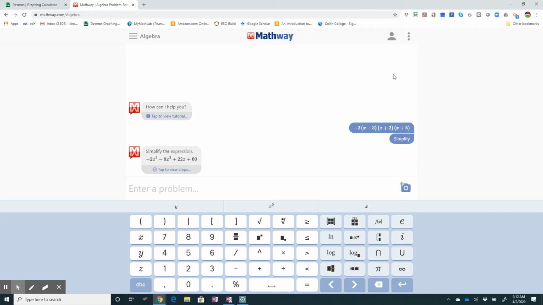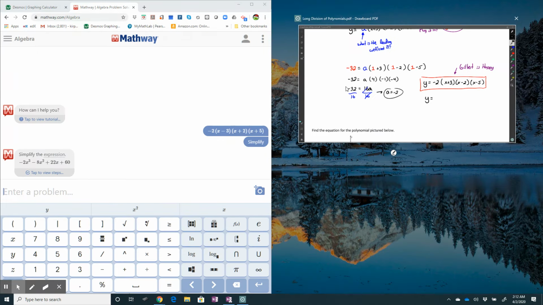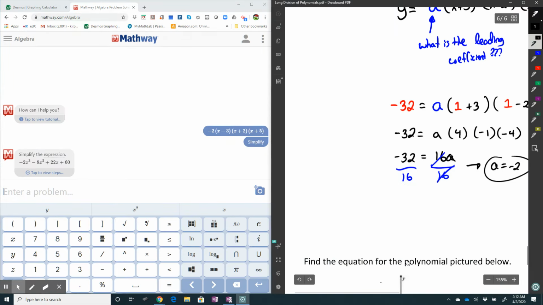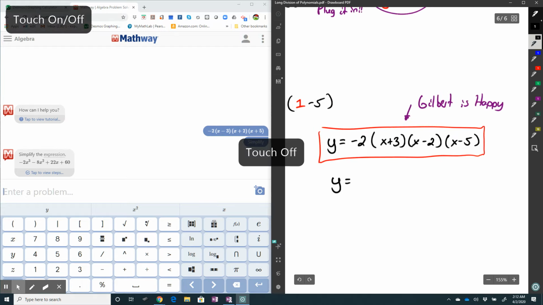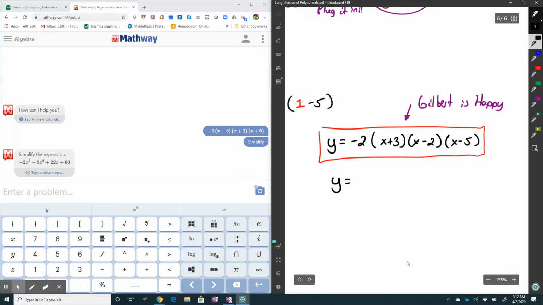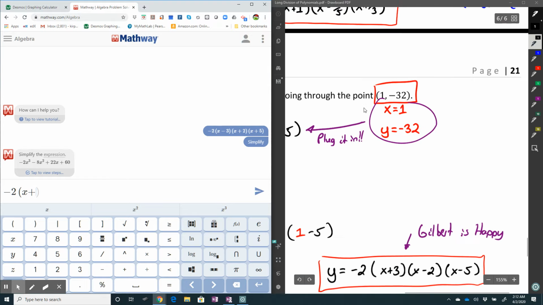So again, I'm not saying that you use Mathway to do it. It's just that foiling it all out, expanding, is busy work. It takes forever. And why do I always type it in wrong? Hold on.